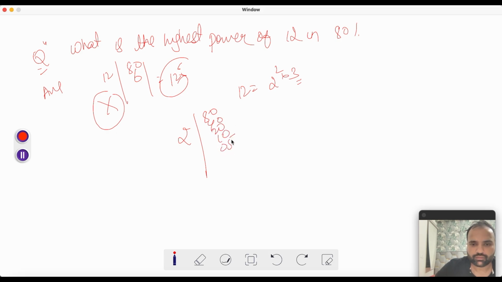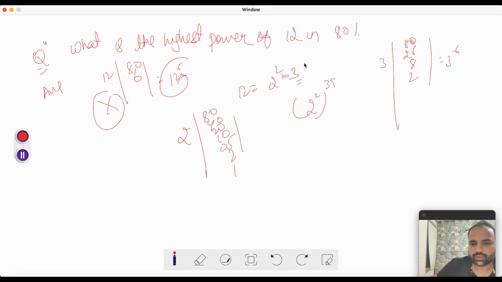For 2 in 80 factorial: 40, 20, 10, 5, 2, 1, so 78. So 2 to the power 78 means 2 squared to the power 39. For 3 in 80, it is 26, 8, 2, so this is 36.